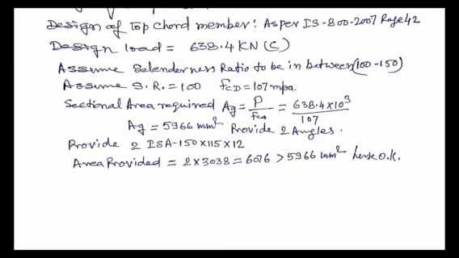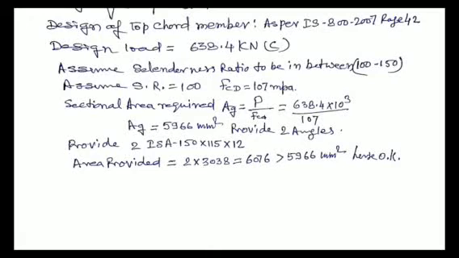It should not be away from this range for avoiding the buckling failure of the section. So assume slenderness ratio equal to 100 and for this slenderness ratio, FCD is 107 MPa.